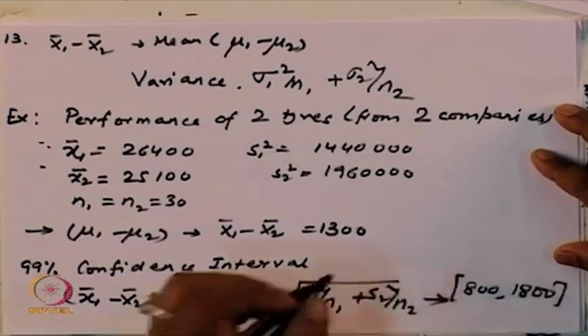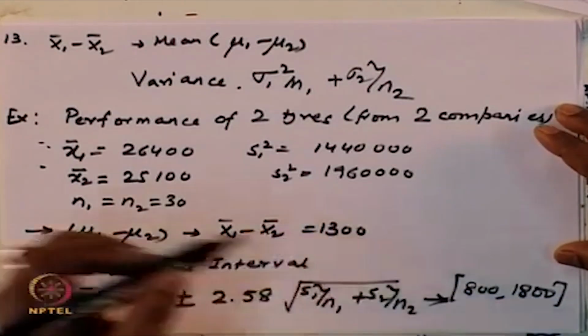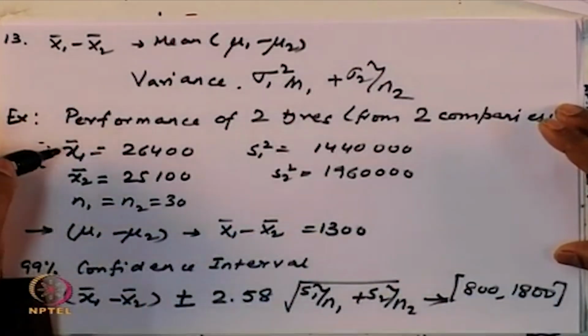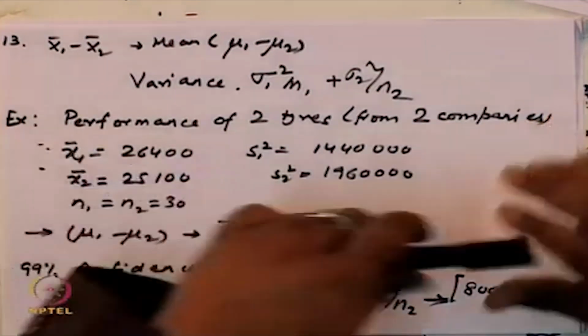If this was the range, then you know this is always positive. So, you can state with 95% confidence that tire 1 is better than tire 2. This is how you can make use of confidence intervals to either get an estimate of the population mean or even compare different populations to say which is better or which is worse.